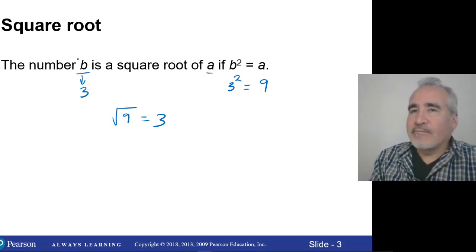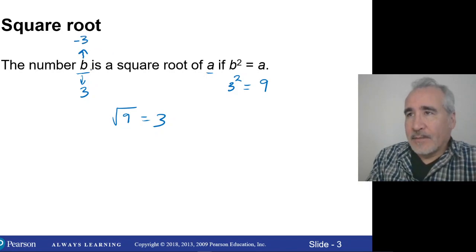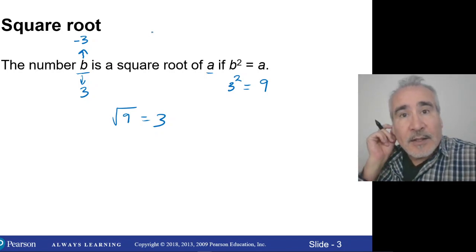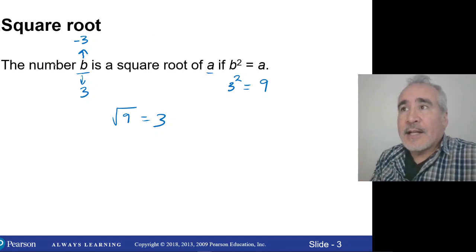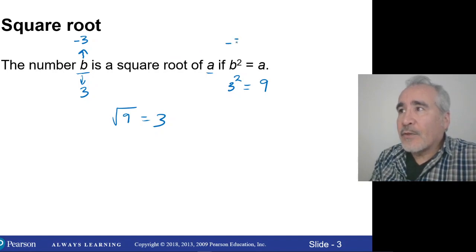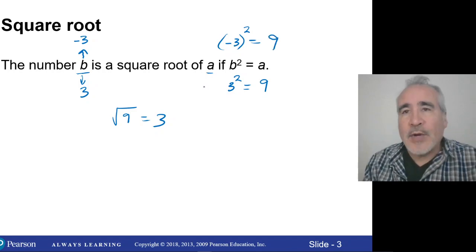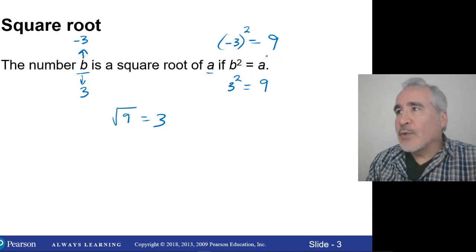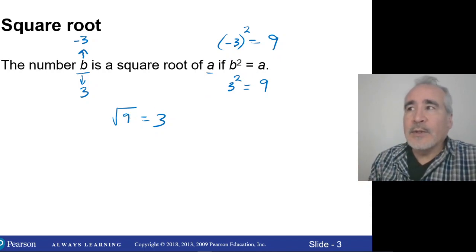But here's an interesting thing. There's another number b. What if I said b is negative 3? I could say b is anything, but if I say b is negative 3, what happens? Well, I take negative 3 and I square it, and negative 3 times negative 3 is also 9. So when I take a square root of 9, there are actually two numbers that are its square root, both 3 and negative 3.